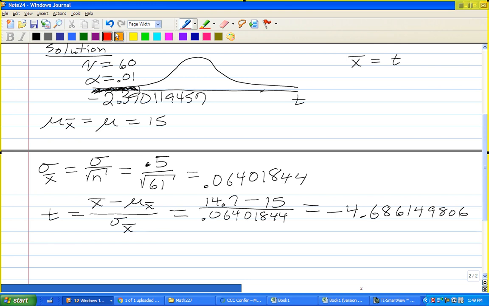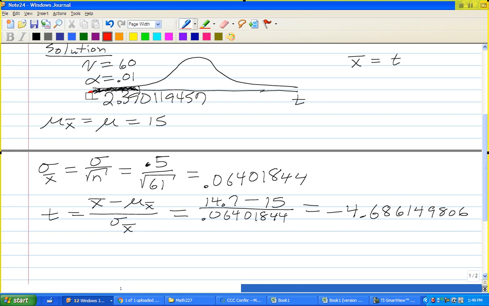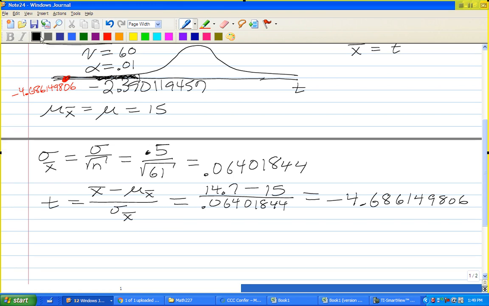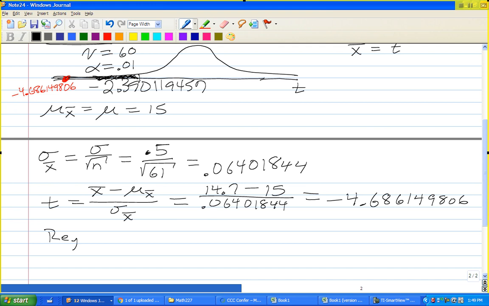So that means, wow, you're way out here, even further than that, way out over here at negative 4.6869806. So you're certainly in the rejection region. So you reject the null hypothesis.